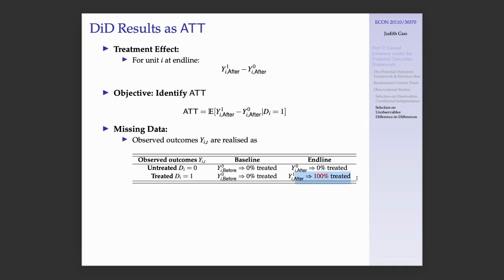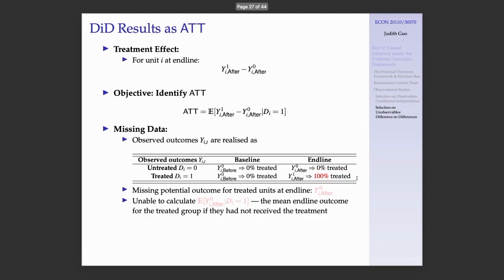So we never observe the potential outcome at the end line had one not been treated if he is in the treatment group. So the Y naught after, given D_i is 1, is never observed. Given that we never observed this outcome, there's no way we can compute the ATT, and again, it comes back to the problem: how can we find a reliable approximation for this missing data?